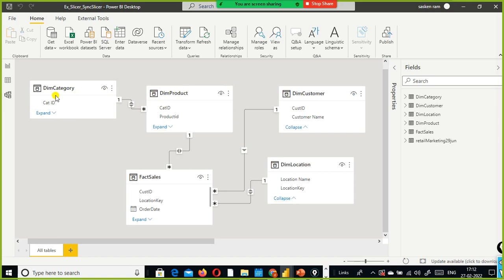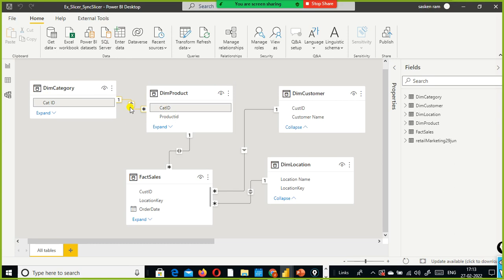If I wanted to filter the sales fact table using the category dimension, it is not possible because these two do not have a direct relationship here. We are talking about the slicer now, the category slicer and product slicer. Since these two tables have a relationship between them, it is possible to filter it.